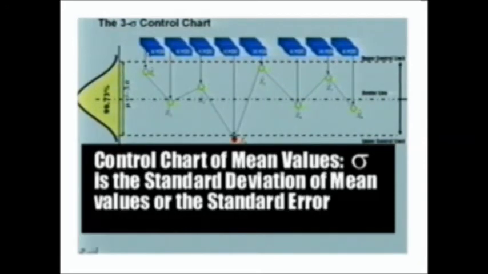This is a whole sample that may have a size of 20 or 25 every day. And what we're plotting on the chart here is perhaps the average, x1 bar, x2 bar, x3 bar. What would be the standard deviation in this case? It should be the standard deviation of averages. In statistics, we call this the standard error.